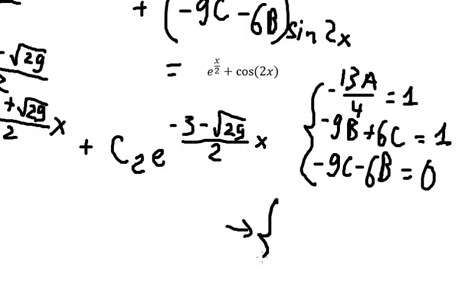So we find the value of A, and that is negative 4 over 13.